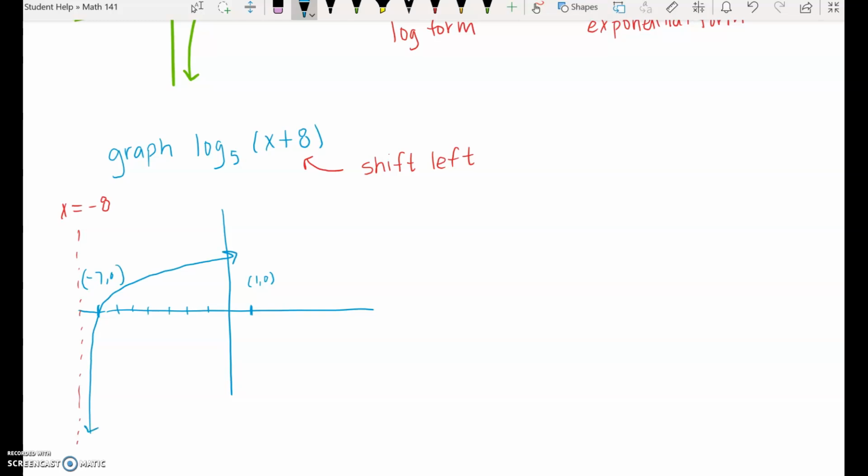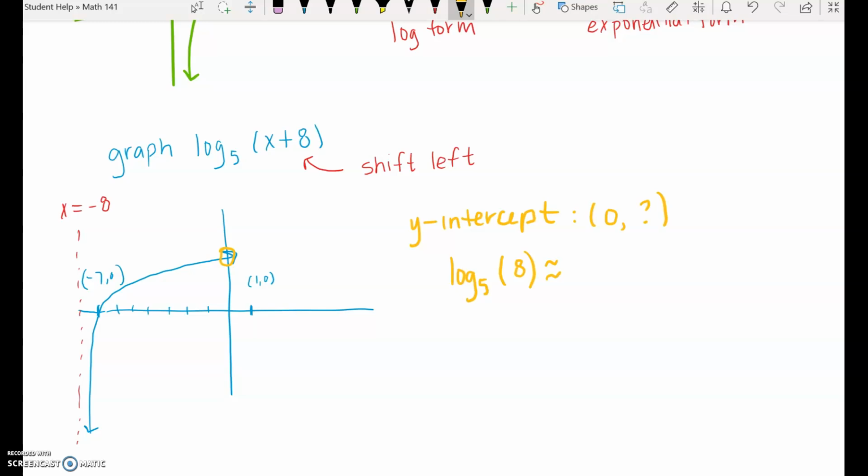Now, how could we find this point here? How could we find the y-intercept? Well, we know that the y-intercept shows up when the 0 is plugged in for x. So in this particular graph, if we looked at log base 5 of 8, that would give us some decimal equivalent.